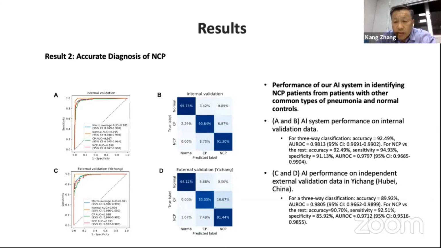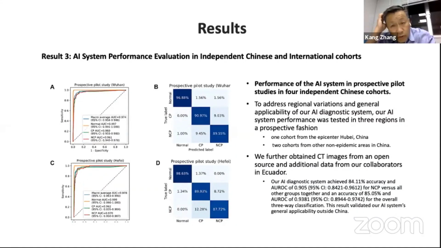We were also able to do some prospective studies, both in independent Chinese cohorts as well as international cohorts. In the Chinese cohorts, we took into consideration that different regions of China might have different rates of infection.